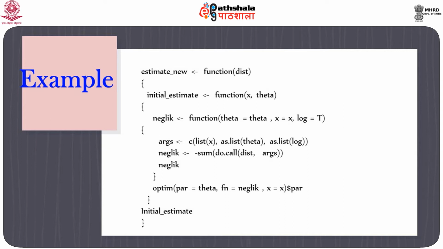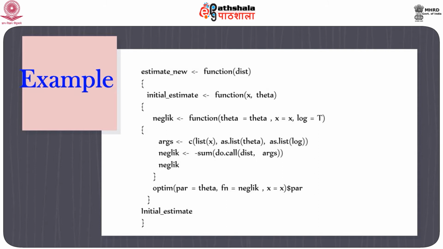The optim function is basically dedicated to optimizing a function. The function initial_estimate can be used as a generator of maximum likelihood estimation functions for any distribution as long as its corresponding ddist function exists in R. So it has to be there in R.